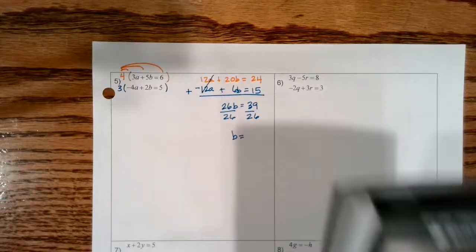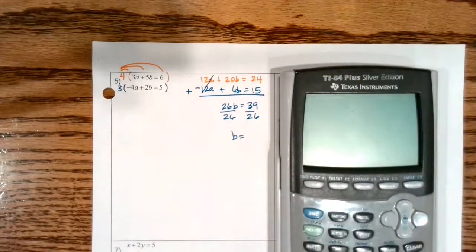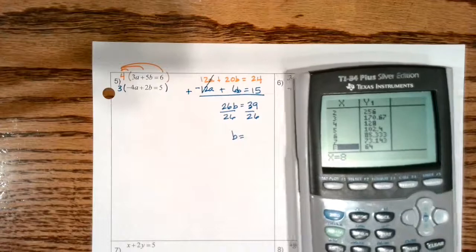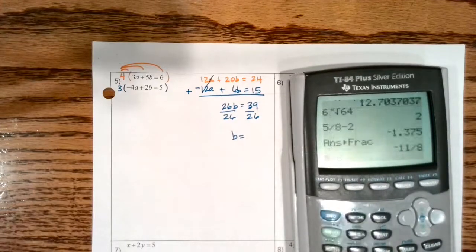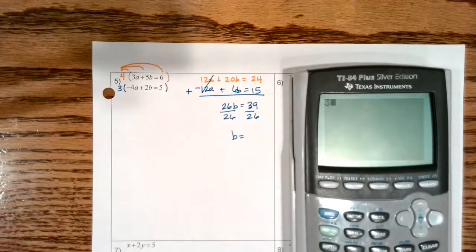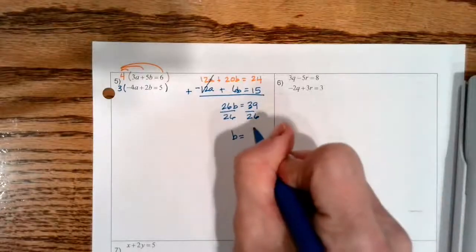Now, if that's not something that you know, go ahead and get your calculator and type in that fraction. 39 divided by 26. It doesn't go in evenly, but that's a decimal you recognize. Math, frac, enter. B has a value of 3/2.